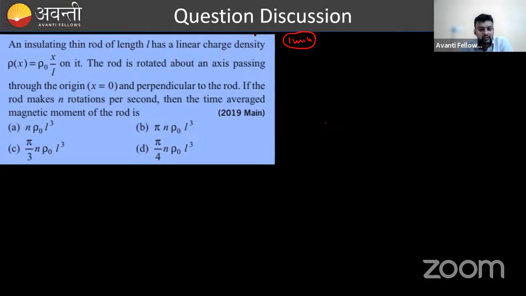JNV Gandhinagar is saying option D. Okay.